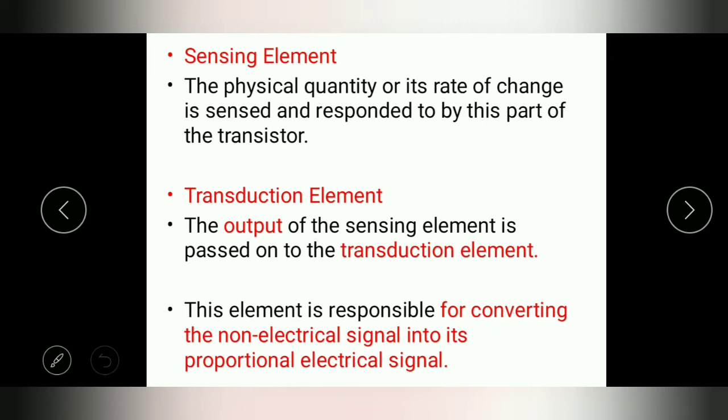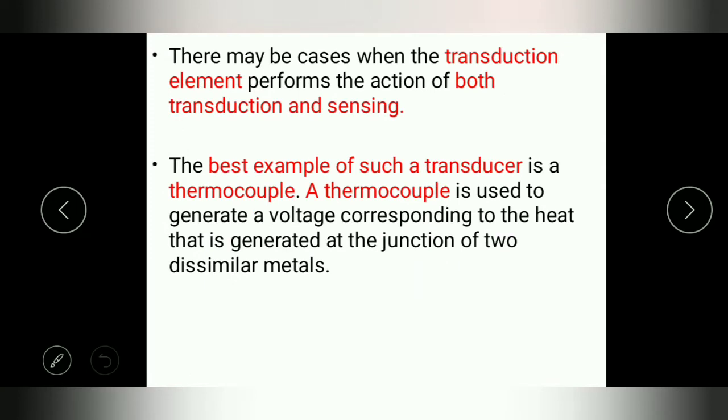This element is responsible for converting the non-electrical signal into its proportional electrical signal. That is what happens in a transducer. Then there may be cases when the transduction element performs the action of both transduction and sensing. We will see that with the help of examples.